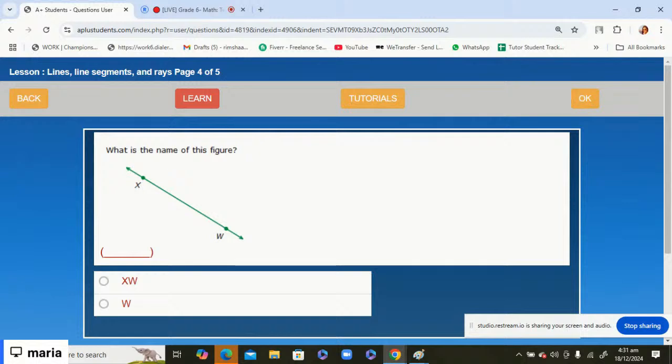So if there is no end point, what is this called? If there are no end points, this is called a line. And it's X and W.